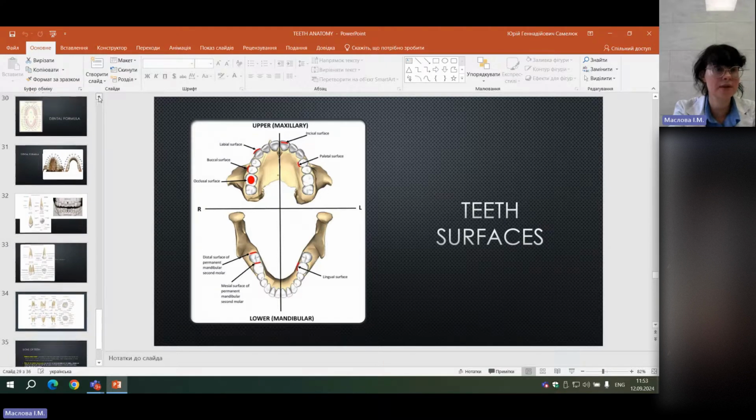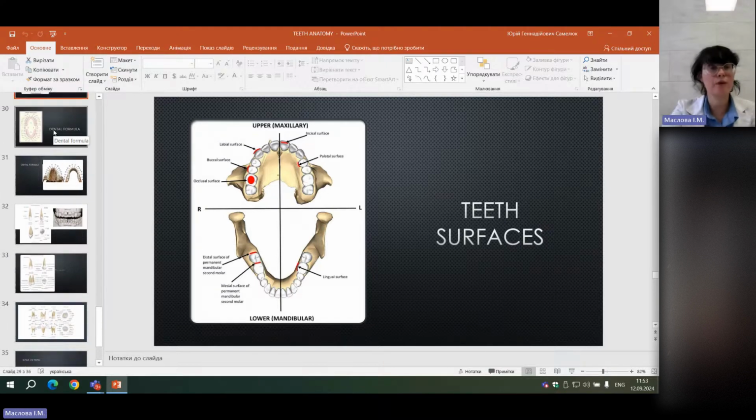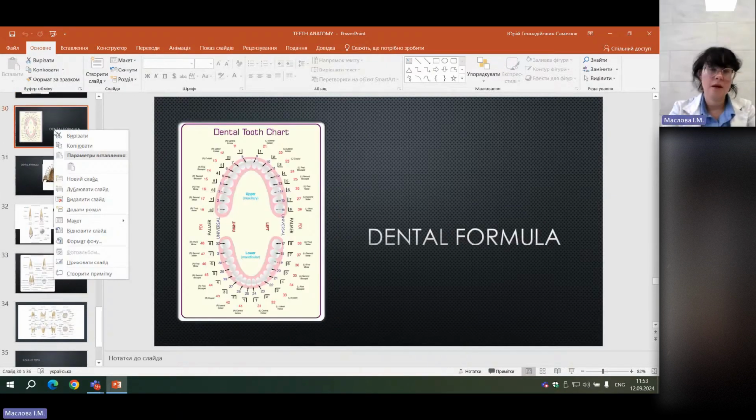What about the dental formula? You can see a dental tooth card with the main dental formulas. But for today, the contemporary dental formula was pronounced and approved by the World Health Organization. It's the international dental formula.